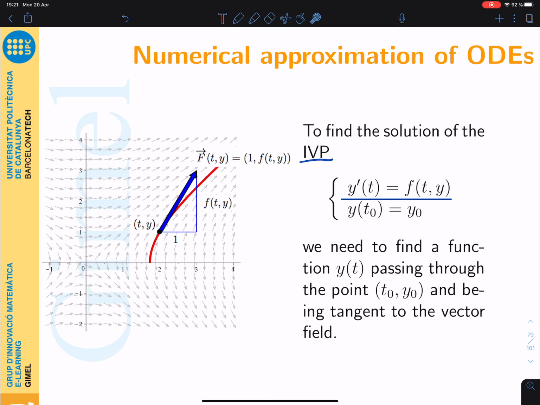Then I need an initial condition for the problem, just one initial condition, because it is a first-order ODE. And from this, we will use a numerical approach to find not the solution y(t), we will give up on that, but a numerical approximation to it.